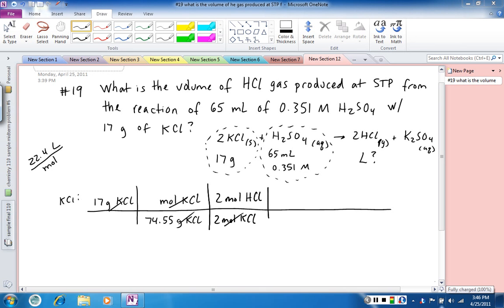And now we can use that handy conversion factor because we're at STP. 22.4 liters of HCl equals a mole of HCl.